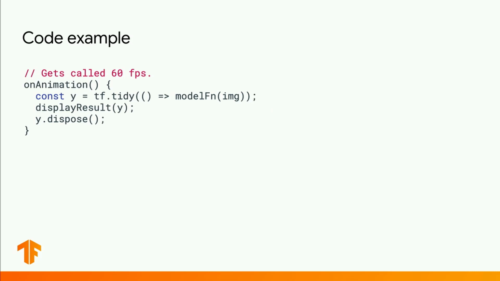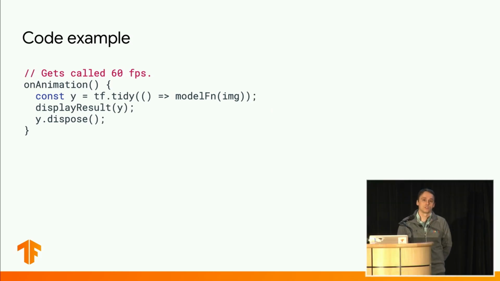And just to give you a little bit of a code example, we tried to make it extremely easy to use, very JavaScript-like. Unfortunately, the only thing that we couldn't account for in the browser was garbage collection of WebGL textures, which browsers don't collect. And for that, we have a tidy construct. This example here shows that.